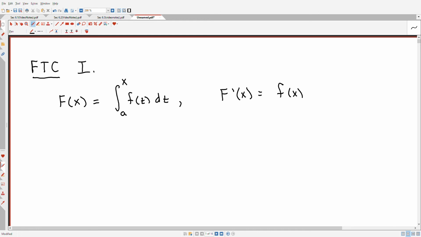So there are some conditions on little f, and I'm going to use them here in explaining why this is true. This actually isn't that bad, so the conditions will come out soon.